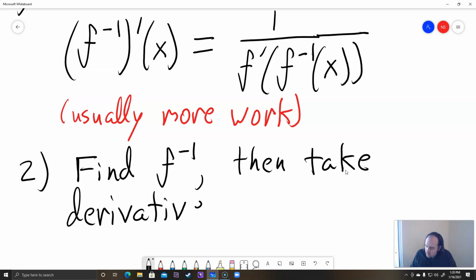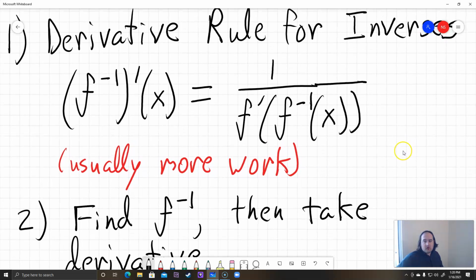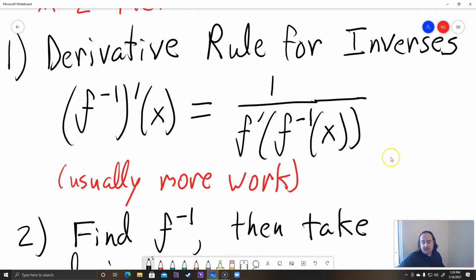Now there might be some very rare, weird problems that you might see on some people's homeworks, not in my class, but maybe in some other classes, where teachers manage to find a problem where the only way to solve it is using the derivative rule for inverses.